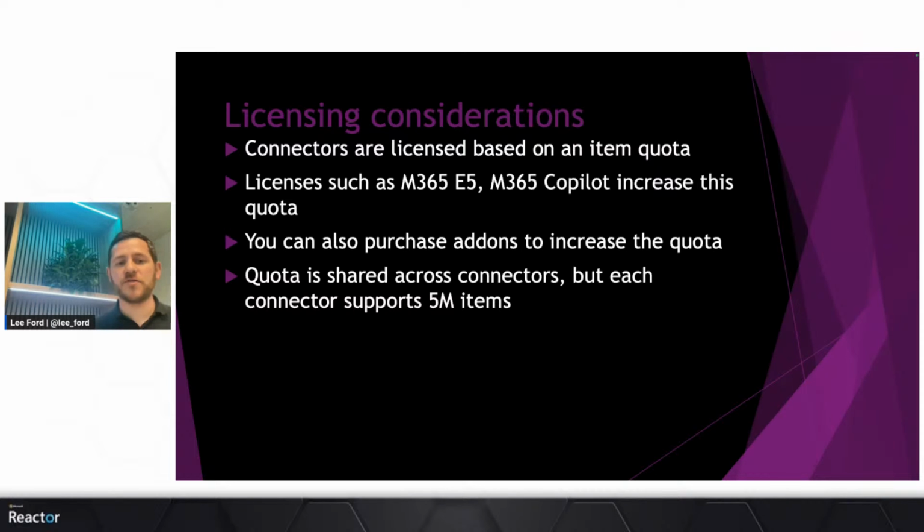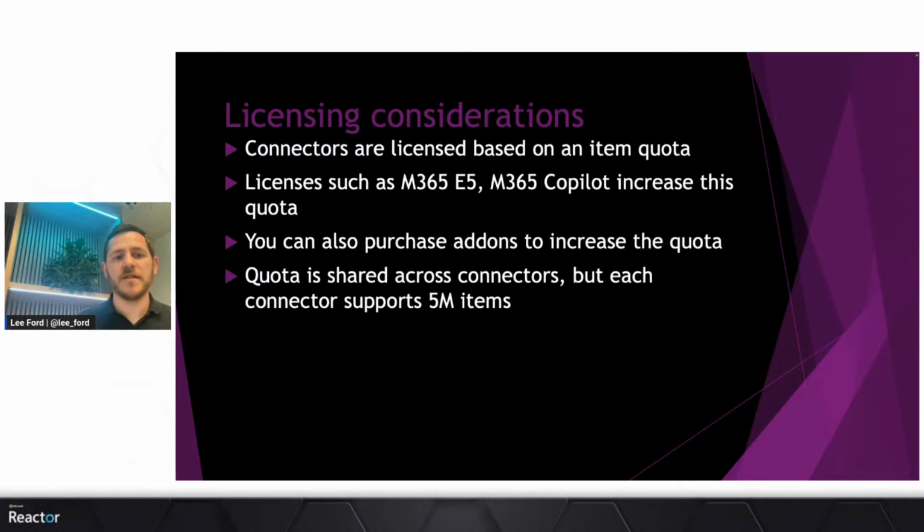The quota is shared across connectors, so it's not items per connector. If you've got, say, a quota of 10,000, you can have 2 connectors of 5,000, and there's no problem. Or you can have it split up however you want. But they are shared. You can't have a 5 million item quota and 5 million in each.